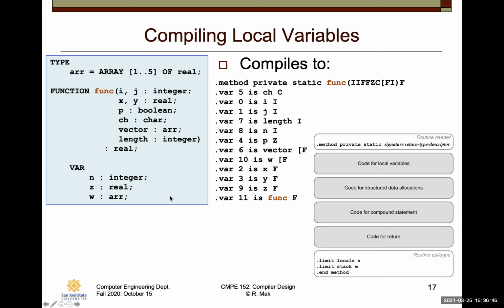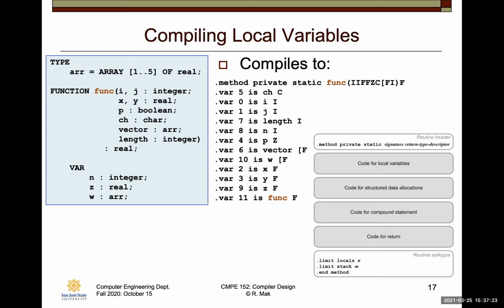Now we also allocate an extra slot. So, before I go on to that one, if length ends up being slot 7, then that means that these local variables, if the last parameter of the function was slot 7, then n should be slot 8, and sure enough, there's 8, and then 9 and 10. So z is 9, and w is 10.